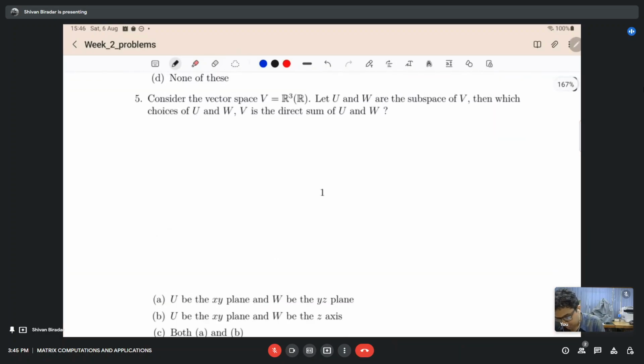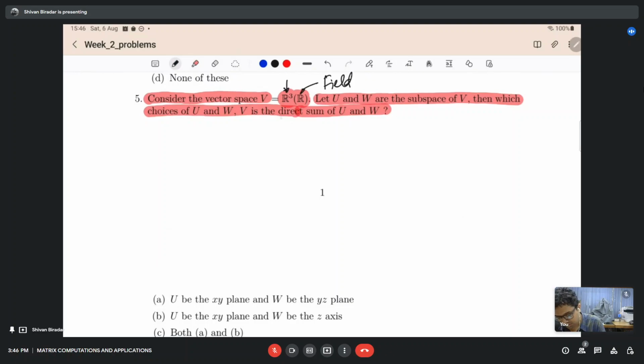Let us consider the vector space V, which is R3 over R. So this is my three-dimensional space, and this is my field. U and W are subspaces of V. Then which choices of U and W make V the direct sum of U and W?